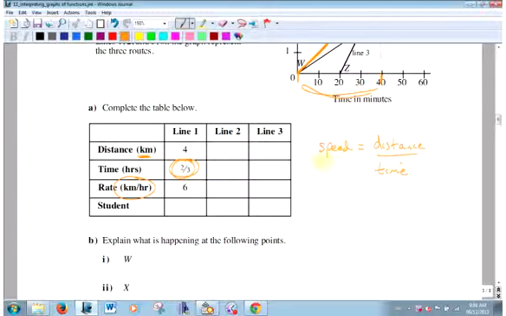Using this formula, speed is distance 4 divided by time, 2/3. Do you ever want to divide fractions? No. You want to flip it and you want to multiply it. What's 12 divided by 2? 6 kilometers per hour. Okay?